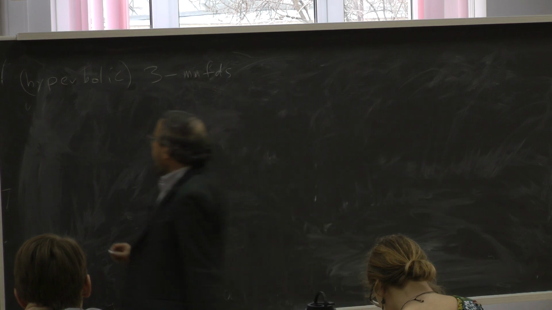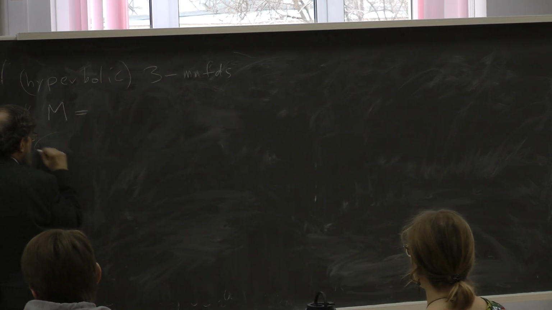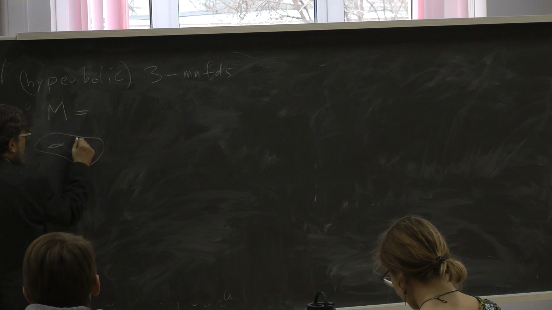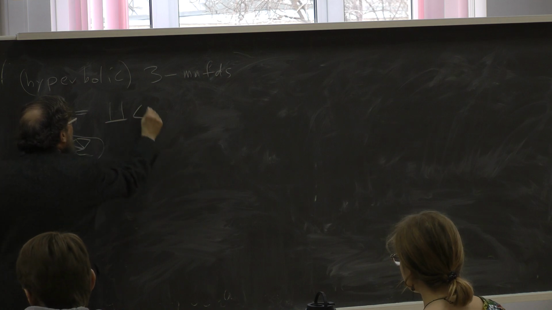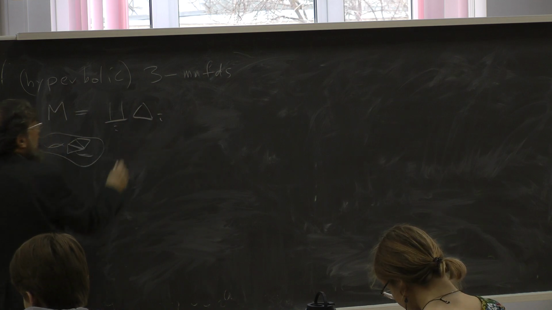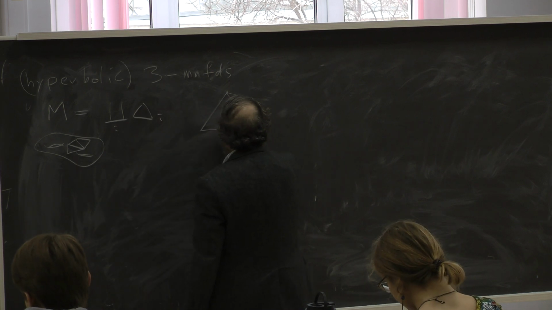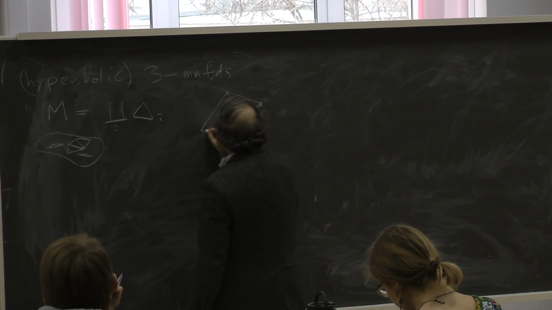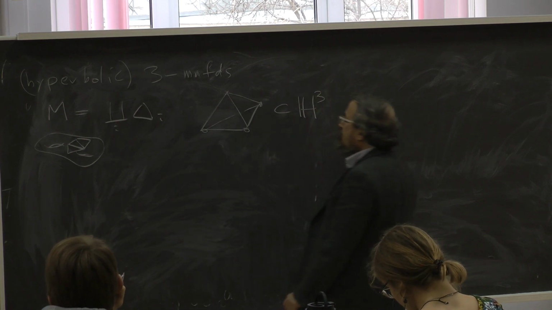So I'm not going to go into detail at all, but such a manifold can be triangulated like any manifold. So here it becomes a finite union of some triangles, but they are triangles that are now tetrahedra, because it's three-dimensional. But these are ideal tetrahedra, so this is in hyperbolic space.